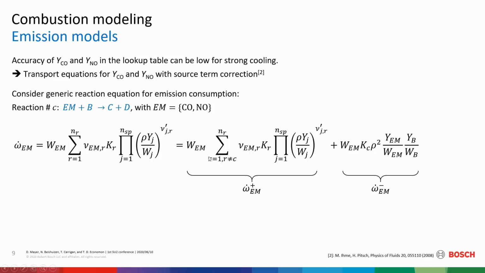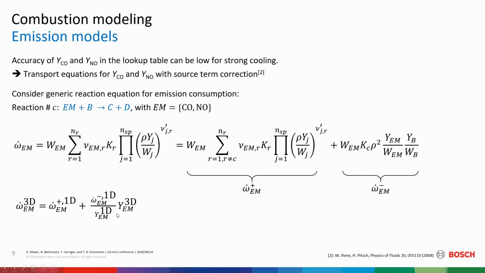Now we call this contribution omega plus, and the consumption omega minus, and then we split this in our table. We tabulate the full positive contribution, but for the negative contribution we tabulate this term divided by this mass fraction that we find in the 1D simulation.